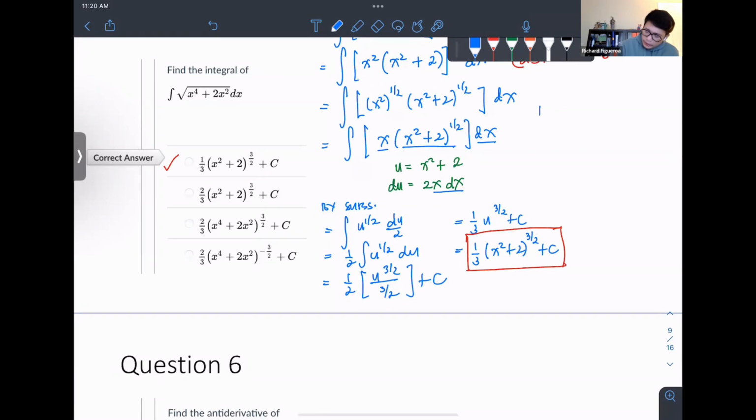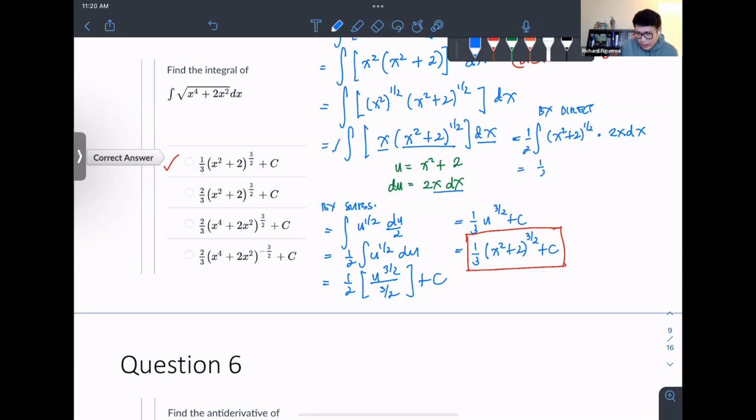But if we're going to do it by the direct method, this is the same as the integral of u, which is x squared plus 2 raised to 1/2, and then its derivative, 2x dx. It's 2x dx here, and it's not the same as this one, so I'm going to multiply it by 1/2.